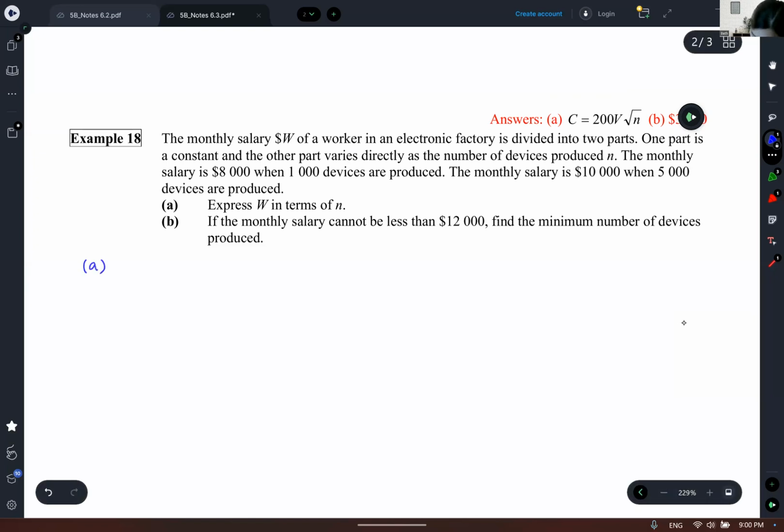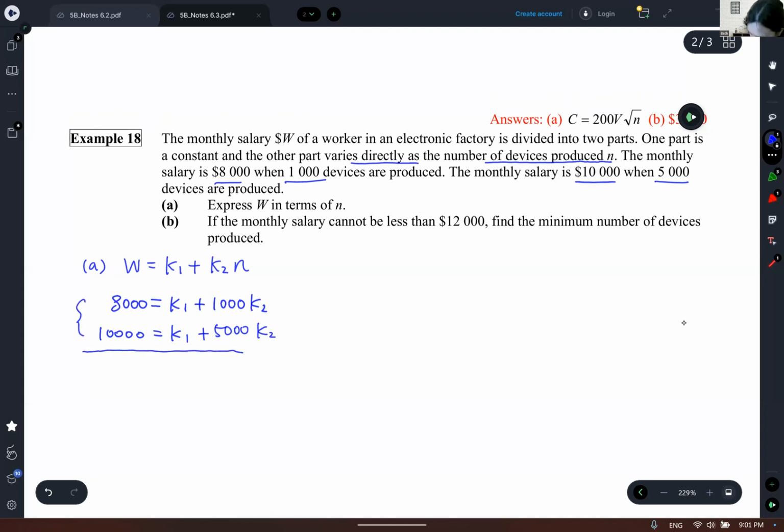So A, W is a constant plus another part directly as the number of devices produced, that is K1 plus K2 times n. And then we have 2 sets of numbers: 8,000 equals K1 plus 1,000 K2. The other one is 10,000 equals K1 plus 5,000 K2.